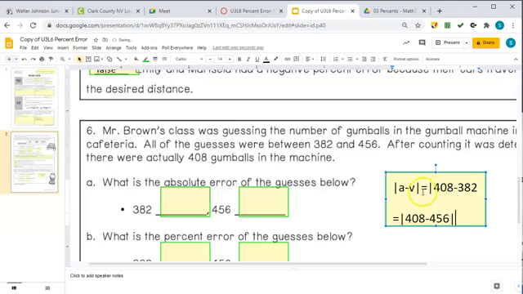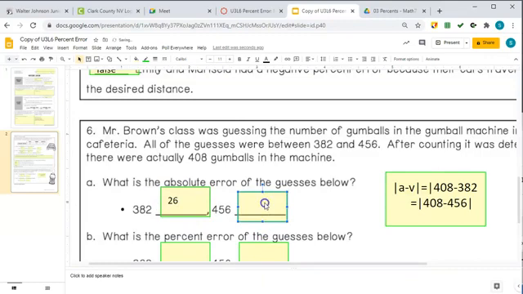Alright, so when we do those two calculations, we get 26 and 48. Is that right? Yes, 48.